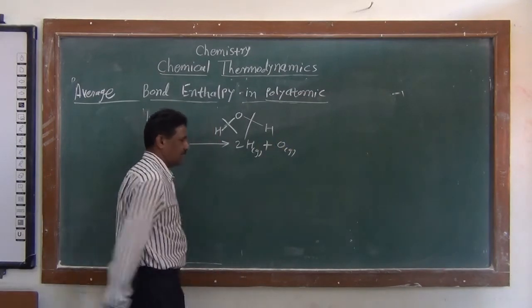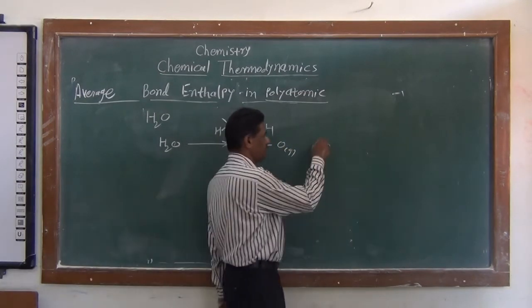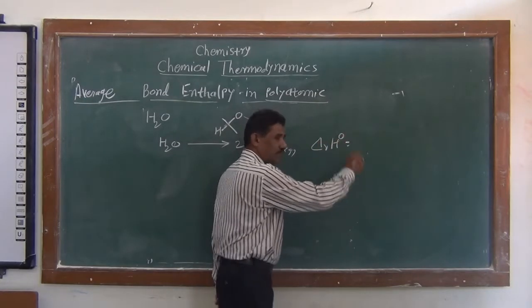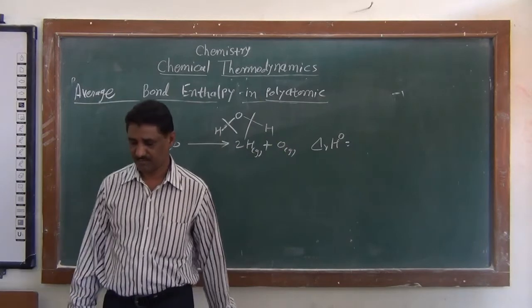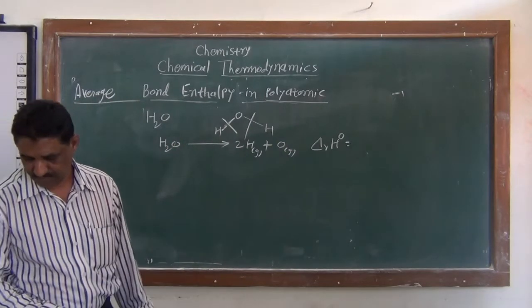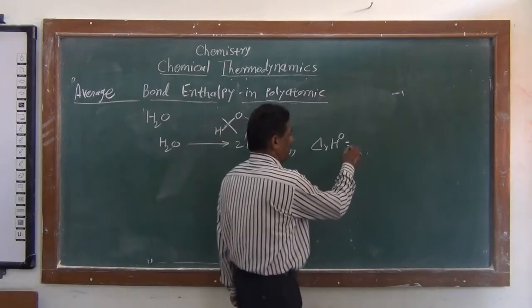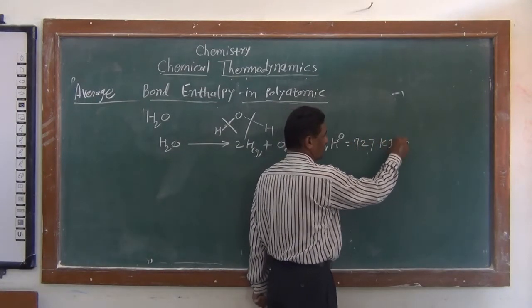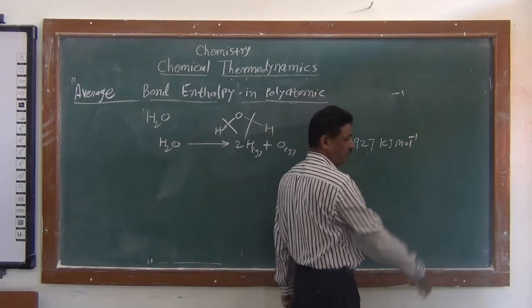That time delta R H0 is equal to 927 kilojoules per mole.